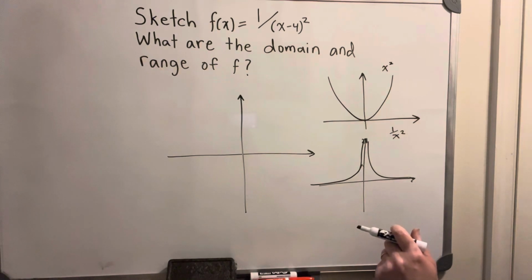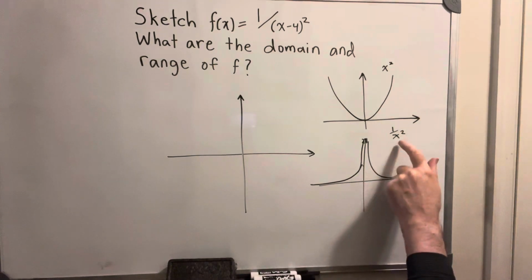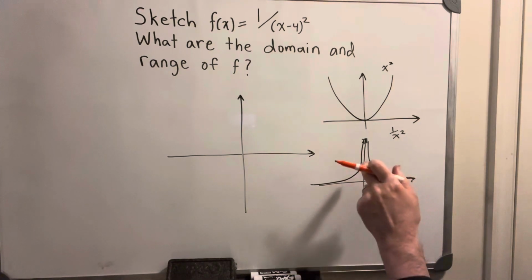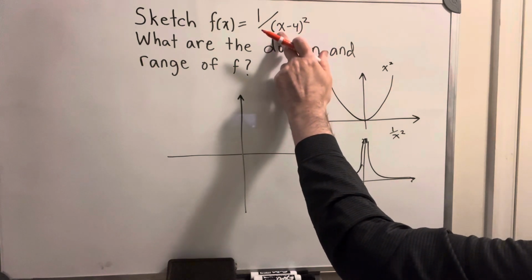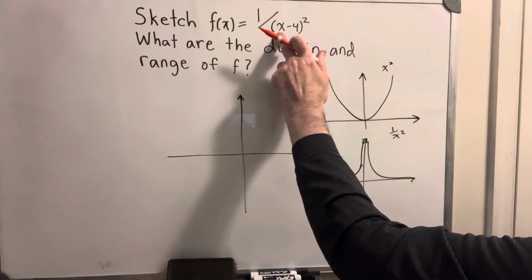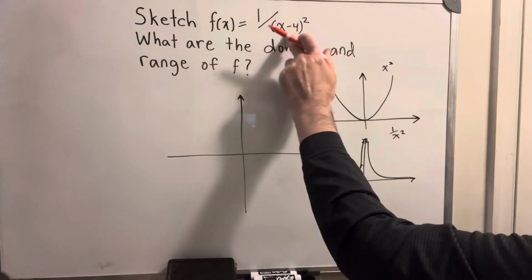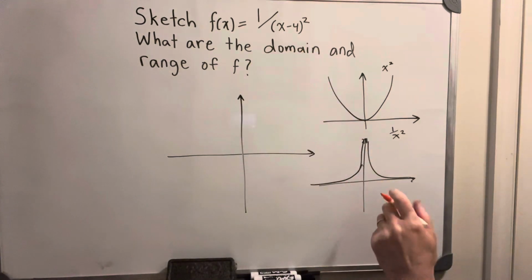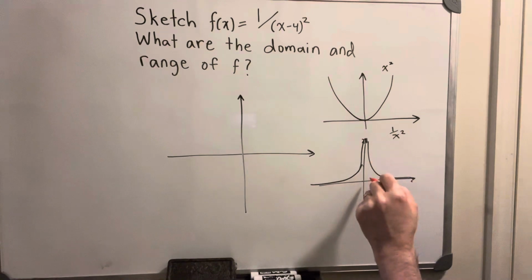So think of it this way. You start with this function, 1 over x squared. Now what value of x, what value of this function would make the denominator 0? It would be when x is 4, right?